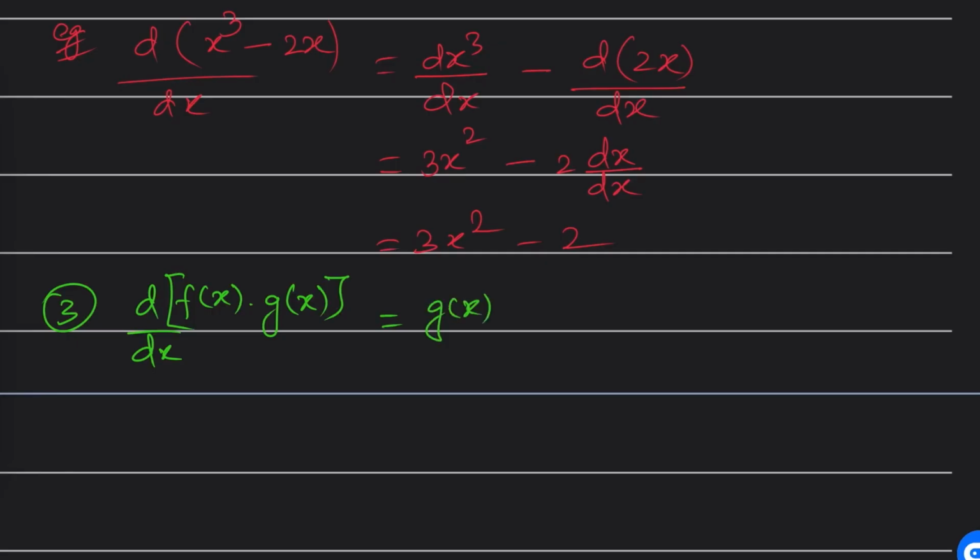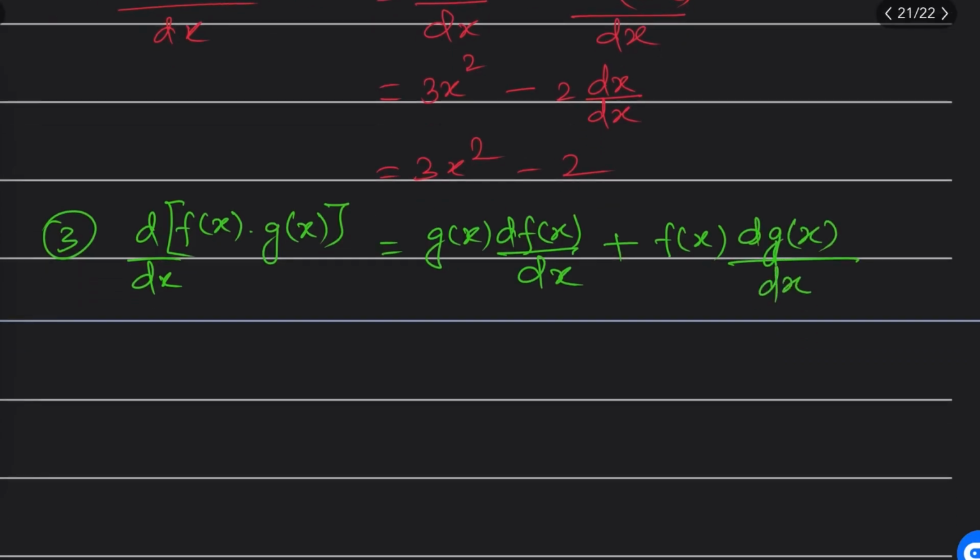Now differentiate the first function, the differentiation of f(x) with respect to x, plus, because it is multiplied, I will write plus in between. Now keep f(x) as it is, and differentiate g(x), the second function, with respect to x. This is the rule.